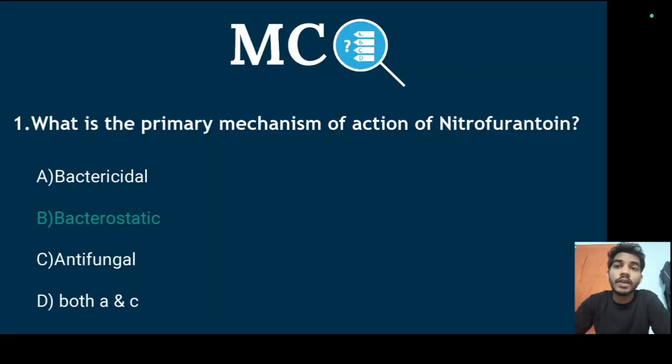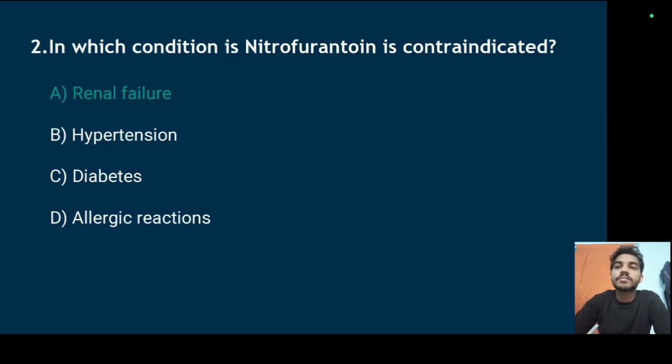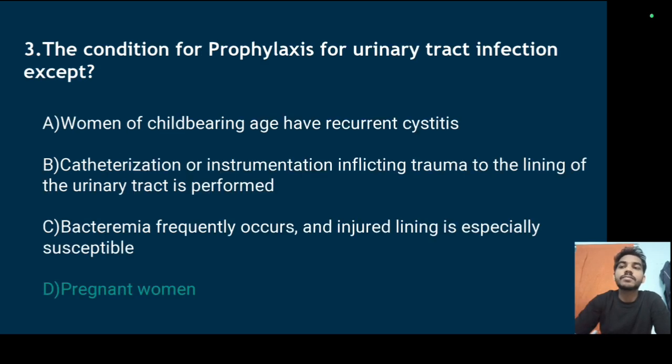Now let's cover a few MCQs on this topic. First MCQ is, what is the primary mechanism of action of nitrofurantoin? It is bacteriostatic. In which condition is nitrofurantoin contraindicated? It is in renal failure.